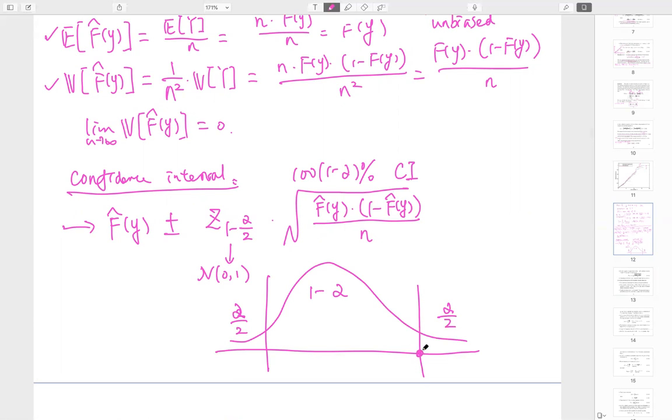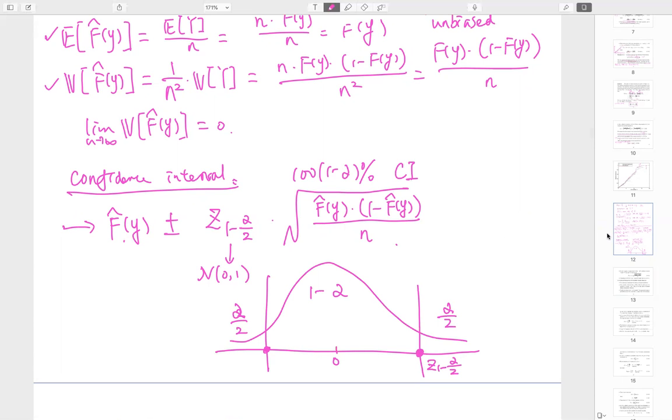This is the point I want, and they are symmetrical. So this is Z 1 minus alpha divided by 2. That's why those two points will give me 1 minus alpha for a standard normal. And then I do standardization: minus the mean, divided by this approximation for the standard deviation, okay?